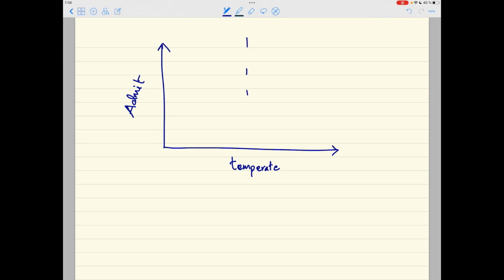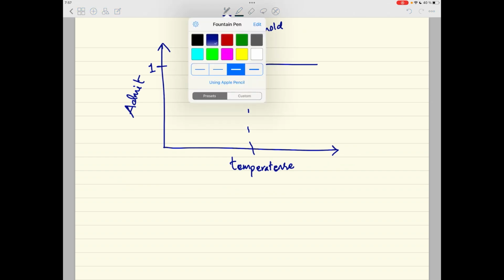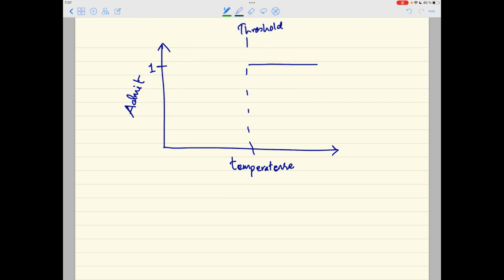So if the temperature was higher than a certain threshold, then you admit the patient, so the value of admit is 1 beyond the threshold. If you're below this threshold, then you don't admit the patient, so the value is 0. You can think of it as a classification problem that only uses one feature, and that feature is temperature.